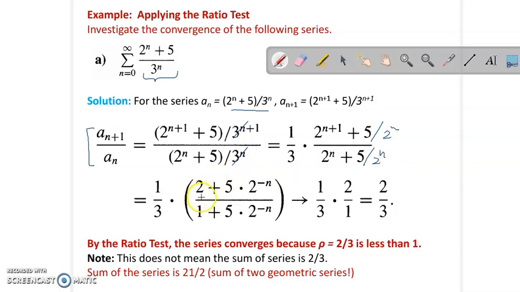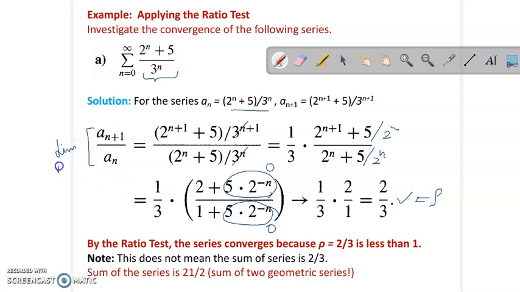So you have (2 + 5 into 2^(-n)) upon (1 + 5 into 2^(-n)). Now when you take the limit as n tends to infinity, this will tend to 0, this will tend to 0, and the limit of this one is 1 by 3 into 2 by 1.